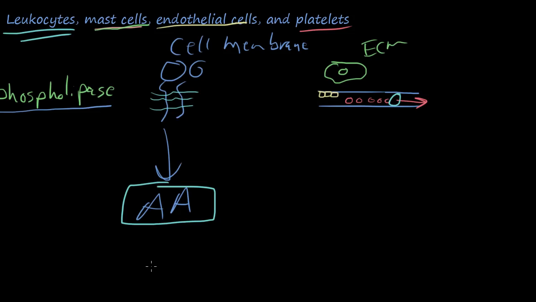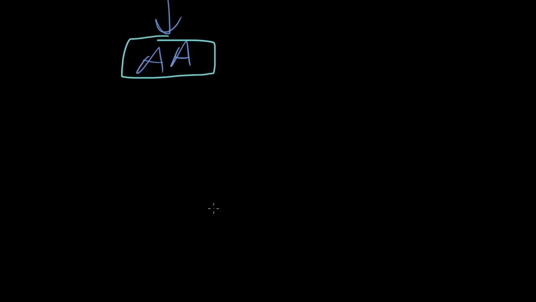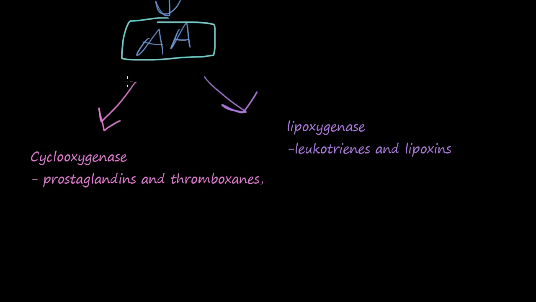Now, once you have arachidonic acid, there are two main pathways that it can follow. So, what are those two pathways? Arachidonic acid can be broken down into prostaglandins and thromboxanes, or leukotrienes and lipoxins.